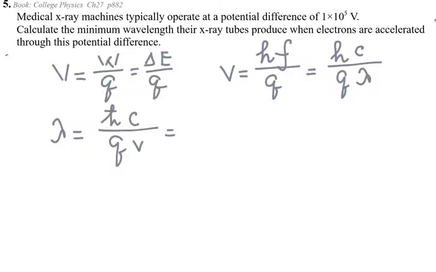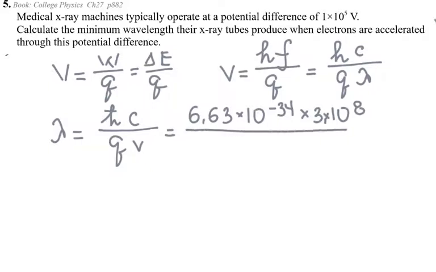So if I plug in my numbers, I have 6.63 times 10 to the negative 34 if I calculate in joules, times 3 times 10 to the 8, divided by the charge of the electron, 1.6 times 10 to the negative 19, and the voltage they give you, 10 to the 5th.